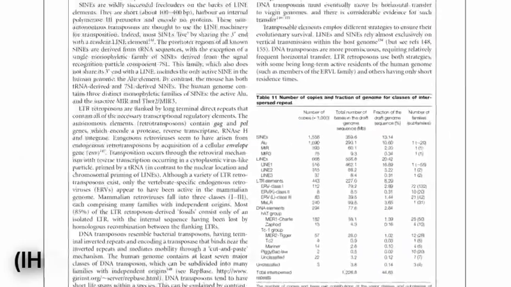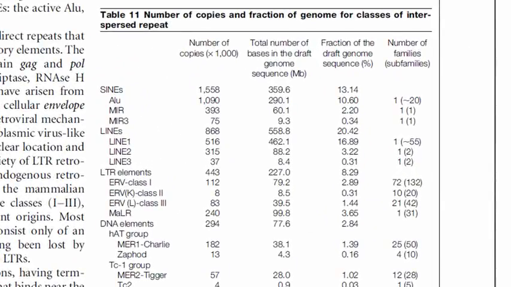Layer 1. When we examine the collective genome of Homo sapiens, we find that a portion of it consists of ERVs.